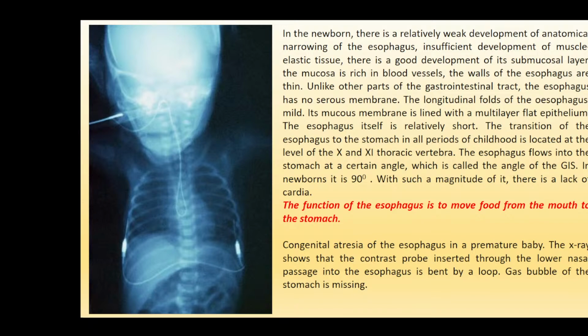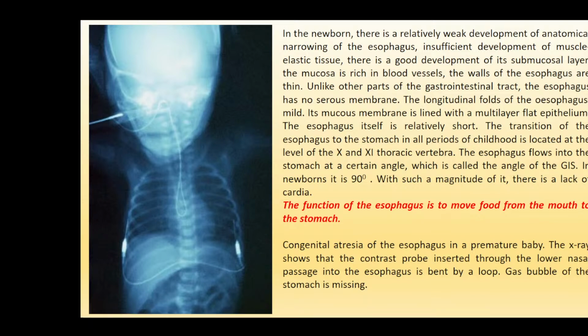The transition of esophagus to the stomach in all periods of childhood is located at the level of 10 or maybe 11 thoracic vertebrae. That's correct with anatomic position.